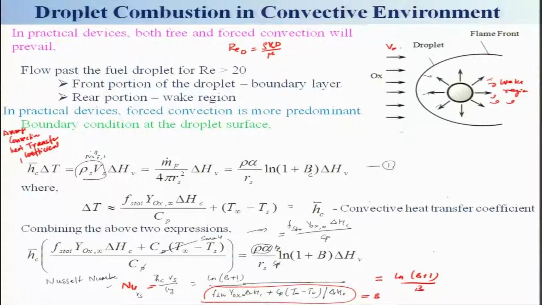So I can write this expression as Nu Rs equals ln B plus 1 divided by B, a very simple expression that we have just derived by balancing.